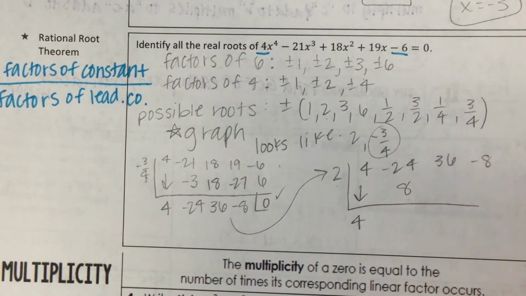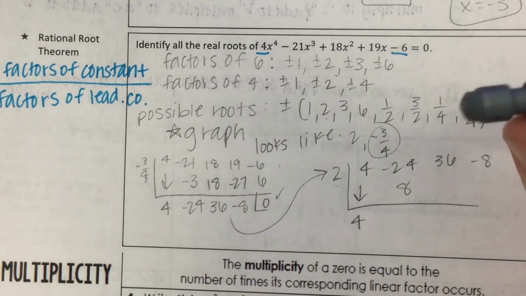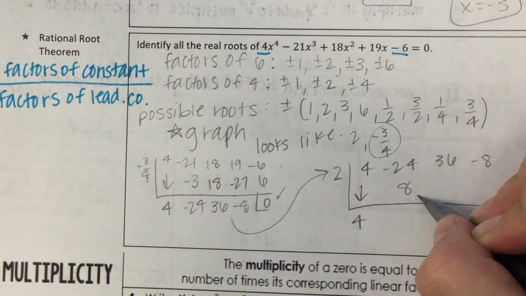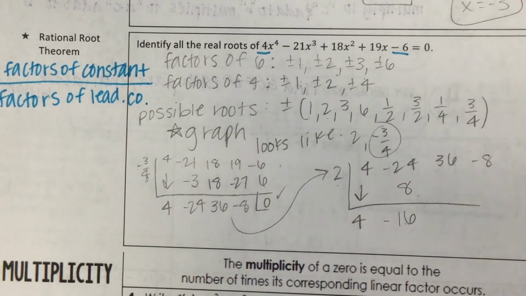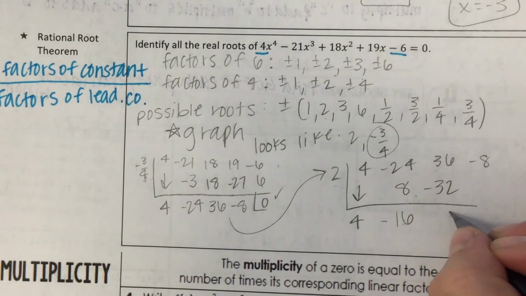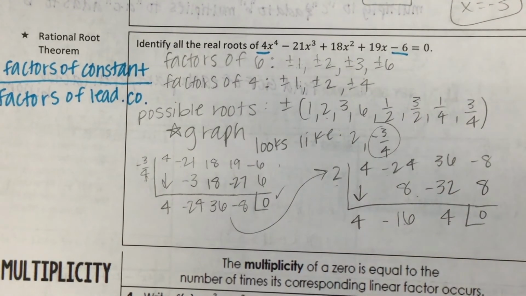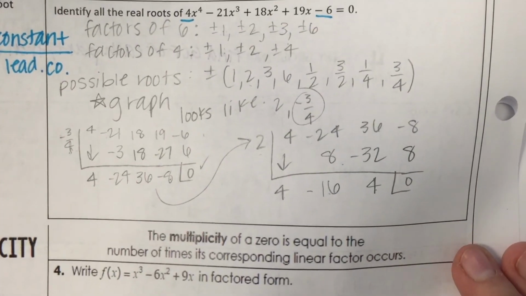Negative 24 plus 8 is negative 16. Negative 16 times 2 is negative 32. 4 times 2 is 8. Yes, that one works. So let me move this over so you can see.